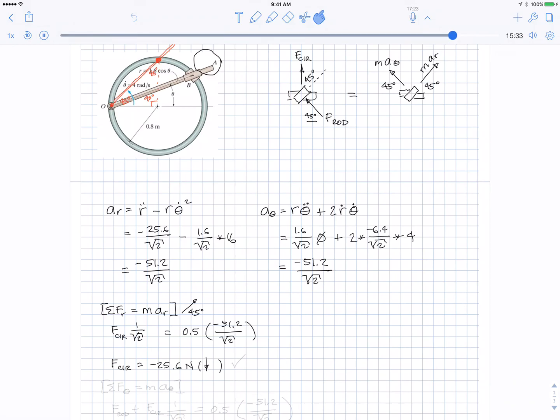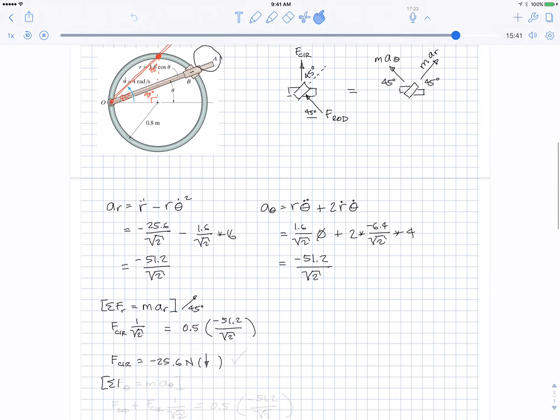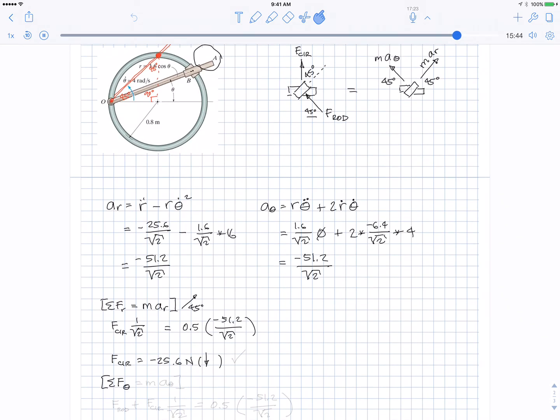Okay, now let's do the theta forces. The sum of forces in the theta direction will equal m a theta.